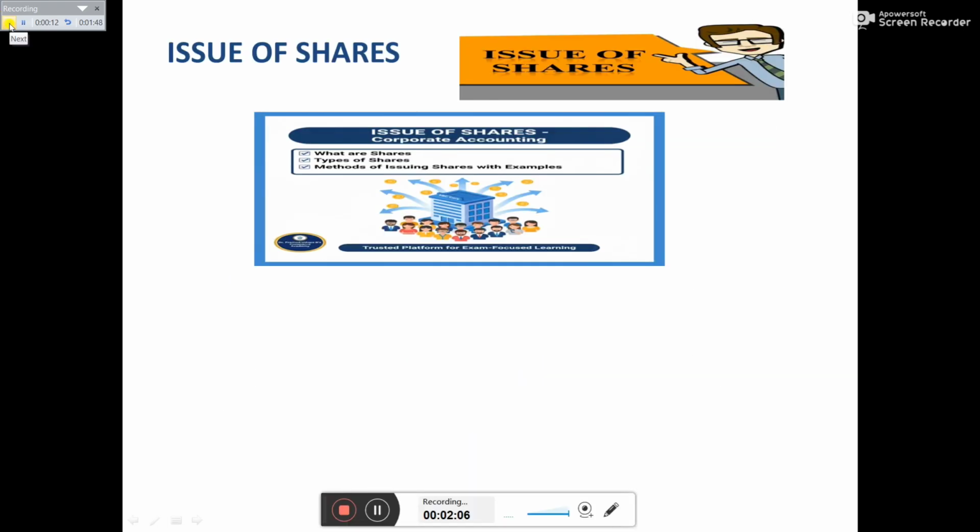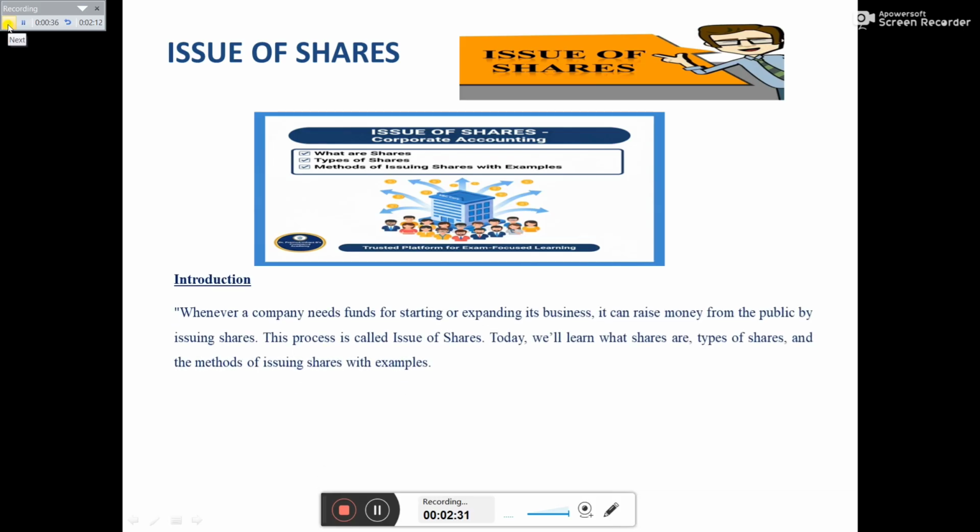First, we are going to learn what are shares and the concept of share, the types of shares, methods of issue of shares and the process of issue. We are going to learn all these concepts in detail one by one. So first, start with the introduction concept: issue of share introduction.